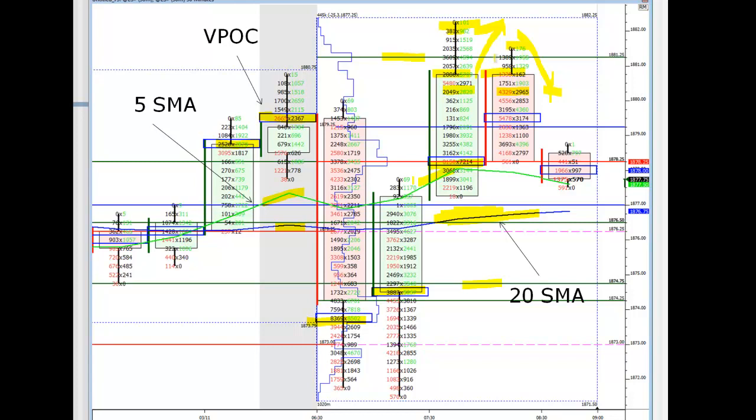But again, the profile helps us in terms of identifying the key points that we really should be looking at, and understanding profile concepts, just this very simple concept of what happens when prices deviate away from value, helps me to identify the trading opportunity.